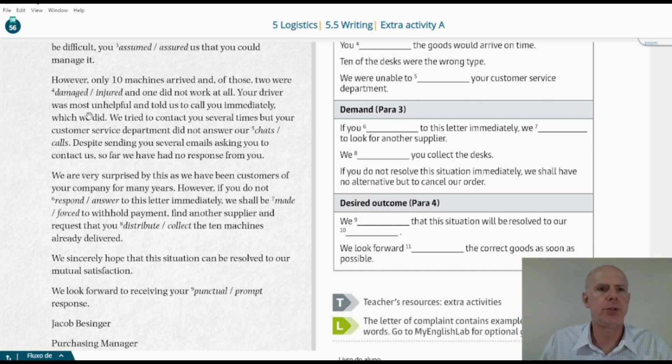Your driver was most unhelpful and told us to call you immediately, which we did. We tried to contact you by calling several times, but your customer service department did not answer our calls.